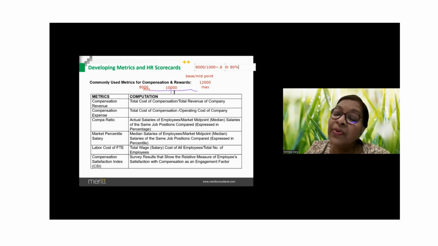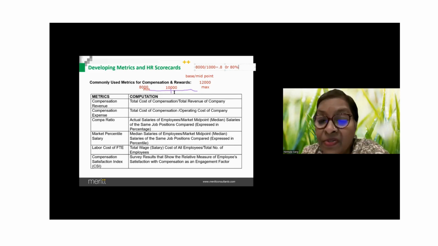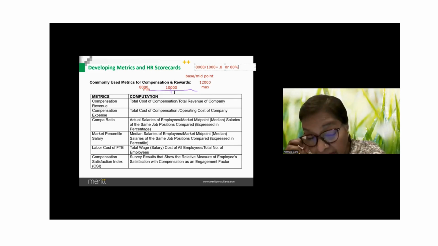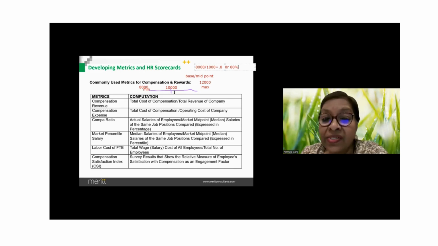Now, when we typically do compensation structuring, when you are doing a recruitment, there'll be a recruitment policy saying that I will be hiring people between 80% to maybe 90% compa ratio.